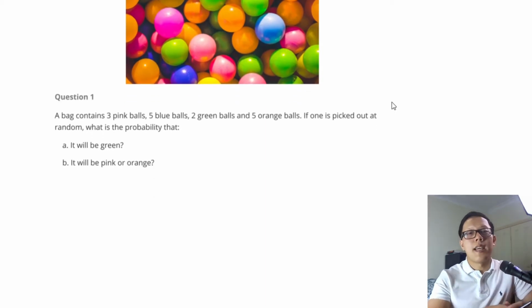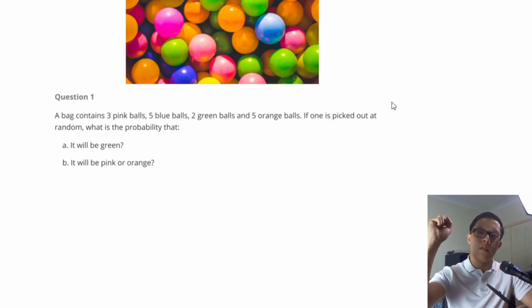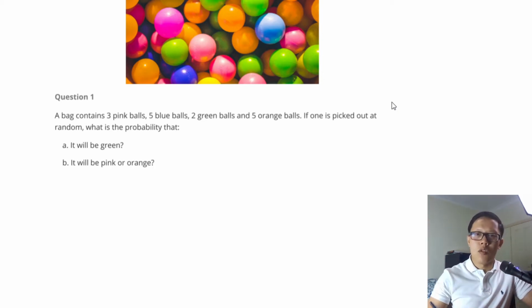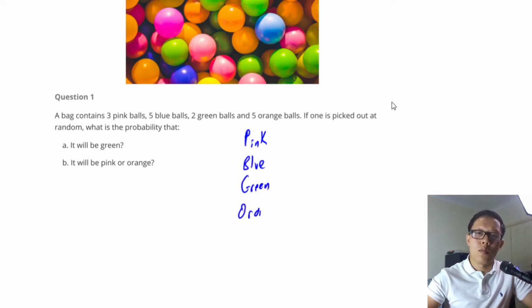It says a bag contains 3 pink balls, 5 blue balls, 2 green balls, and 5 orange balls. And we pick one out at random. So what is the experiment in this case? It's simply just picking out a ball from the bag. What is the sample space? Well, what are the possibilities? We could get a pink ball, a blue ball, a green ball, or an orange ball.